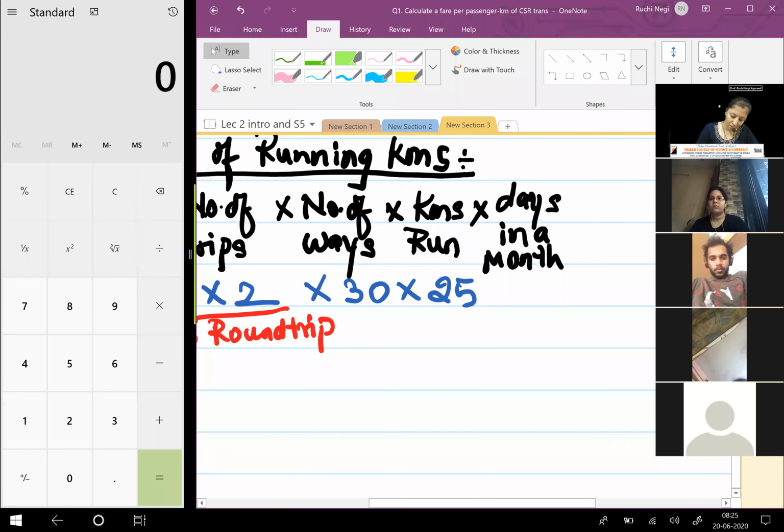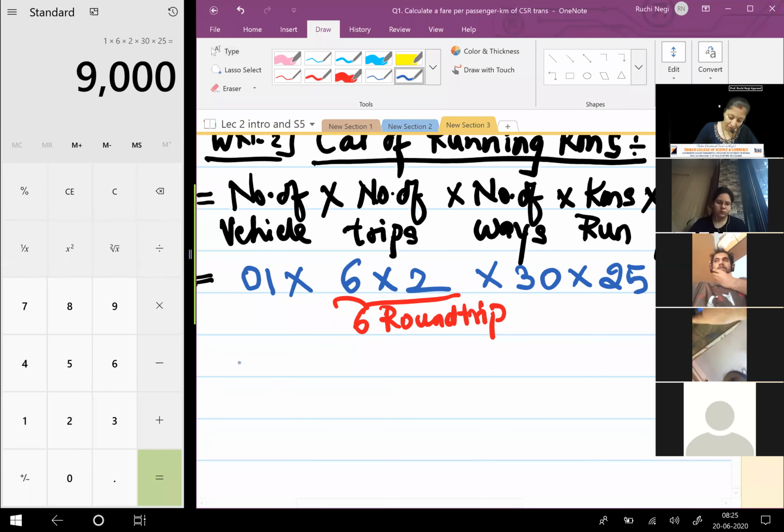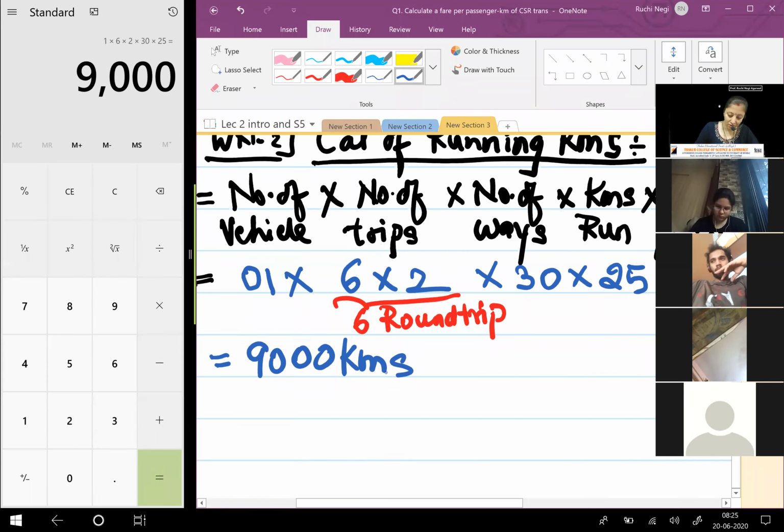So let us come to the calculation. 1 into 6 into 2 into 30 into 25. So that comes to 9,000 kilometers. So write it here. 9,000 kilometers. So these are my running kilometers.